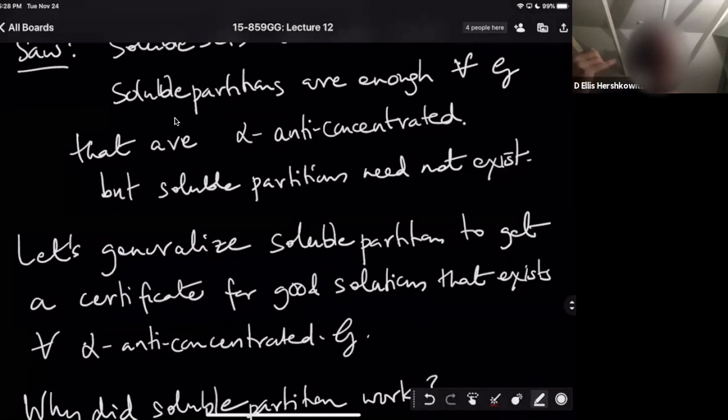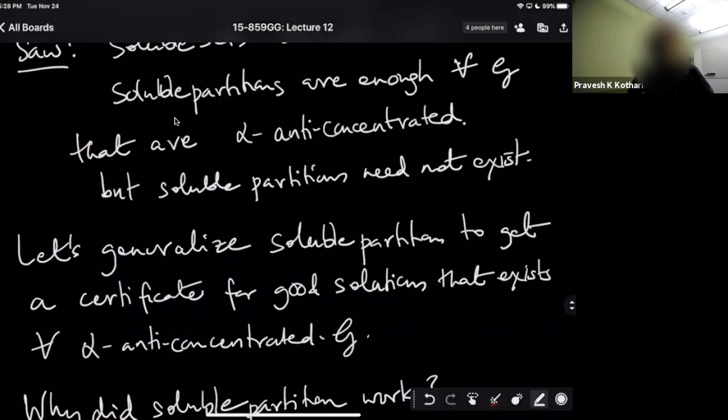But then I don't understand how exactly we make this move from, if the good set is anti-concentrated, then with reasonable probability we know that. Let's understand, right? There is no probability once the good set itself is anti-concentrated. There is nothing probabilistic. The statement that G is anti-concentrated is not a probabilistic statement.